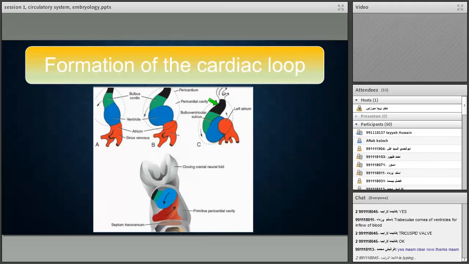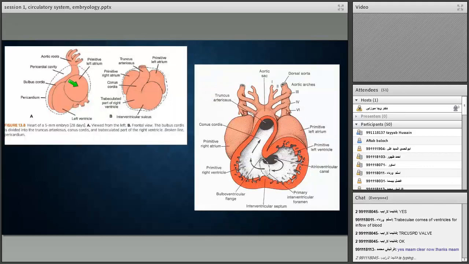Here we can see the primitive common atrium. This atrium is making two dilations, two expansions on both sides. These dilations are changing the position of the conus cordis to the midline of the pericardial cavity.